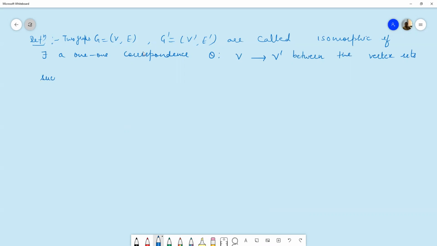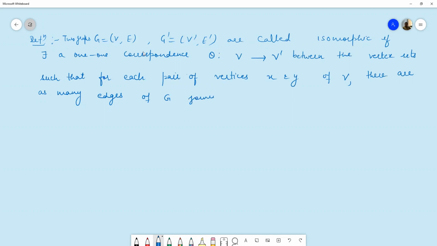And this correspondence is such that for each pair of vertices, say x and y, of the set V, there are as many edges of G joining x and y as there are edges of G dash joining theta x and theta y.